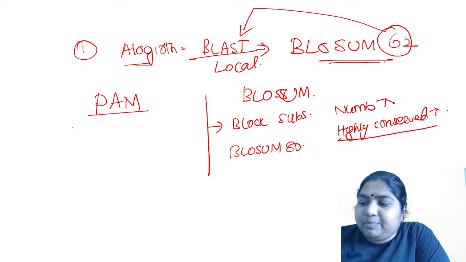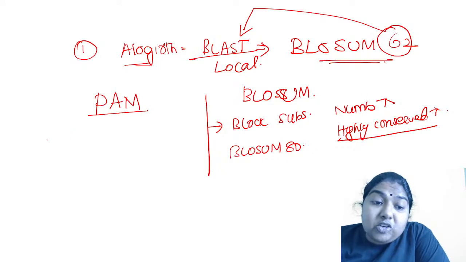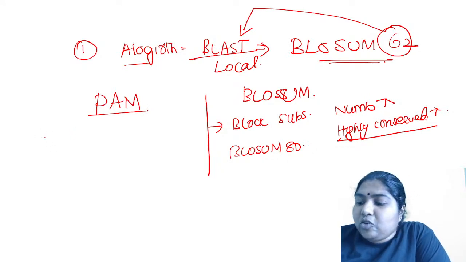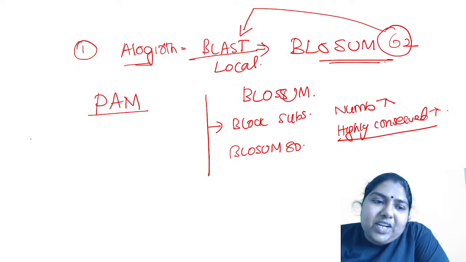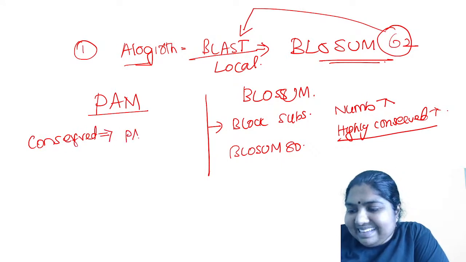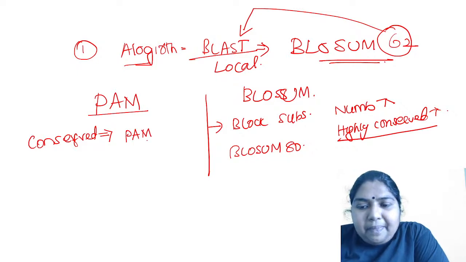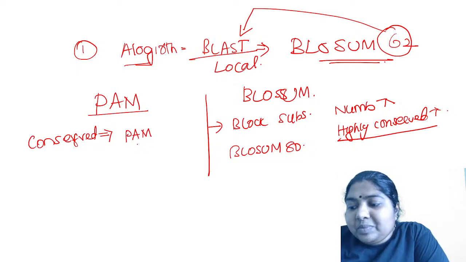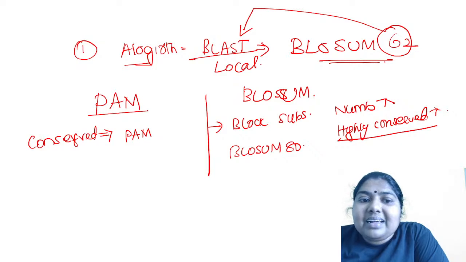PAM is point accepted mutation. It is going to be a mutation. So how should the mutation be? If my sequence is highly conserved, mutation should be more or less none. I am saying that my sequence is conserved. Yes, Kunal. So how should the sequence be? It should be less mutated, isn't it?